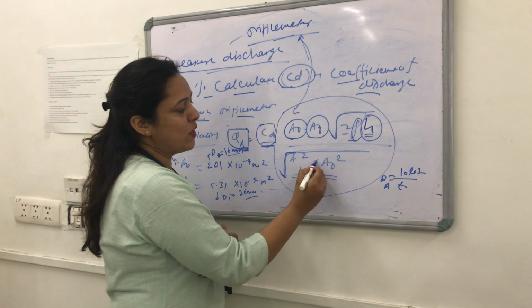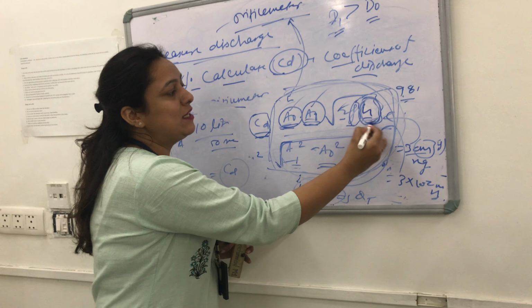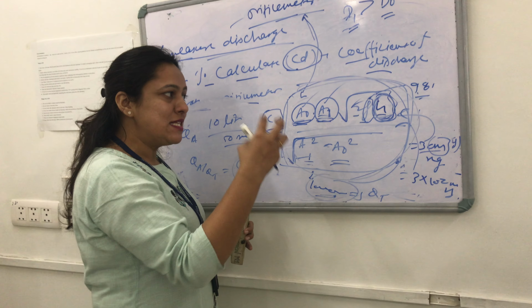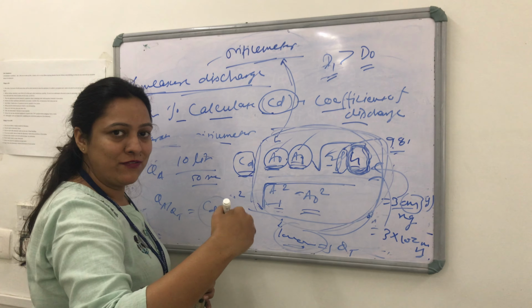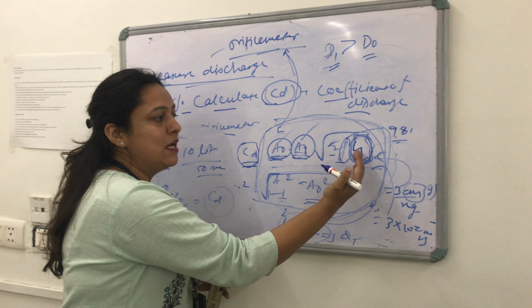Of course the values of A0, A1, 2G are constant over here. What is the value which is varying here? Only the value of H. Based on the change in the flow rate, the difference in the height will be varying, and the value of H will be varying.